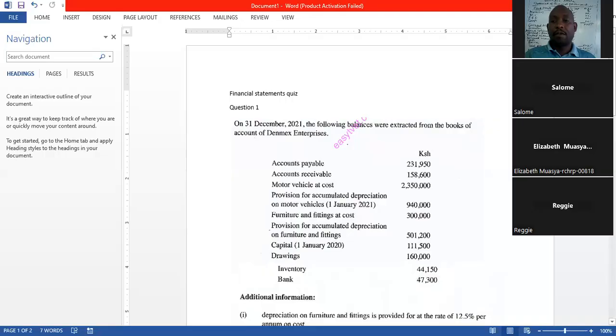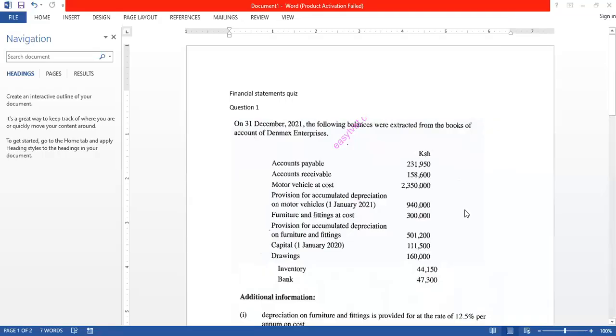So there is the first question there, question 1, which talks about the 1st of December, when the following balances were extracted from the books of Denmark's Enterprises. So we have been given the balances there.